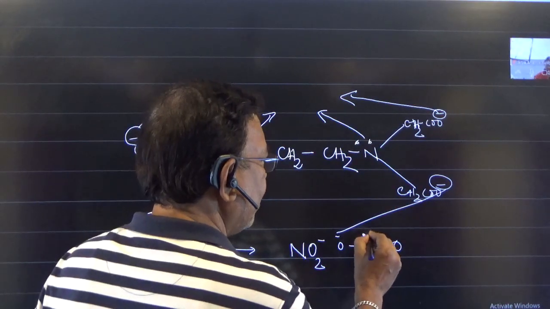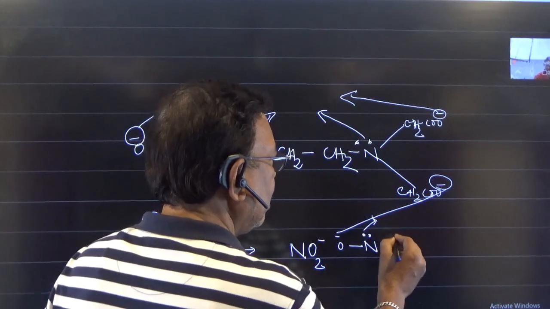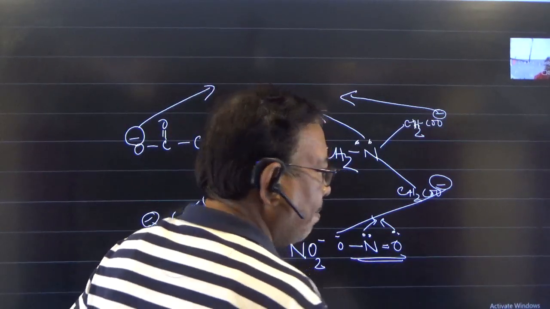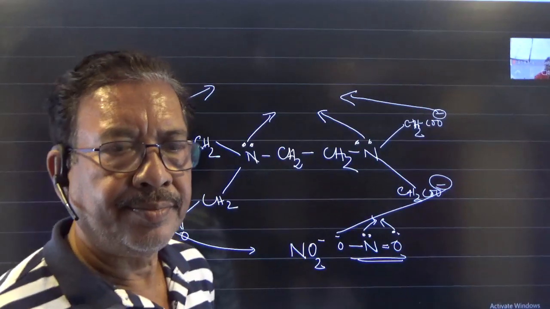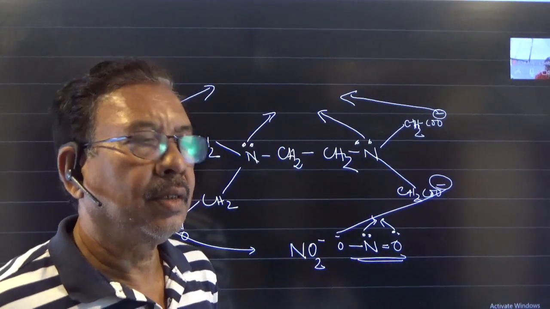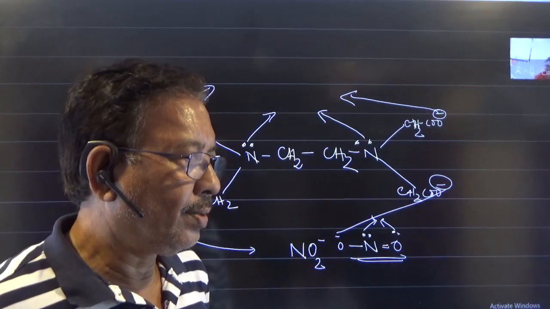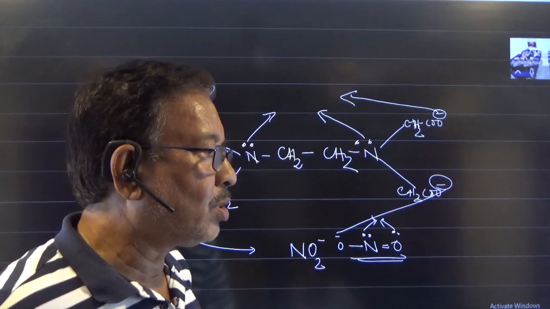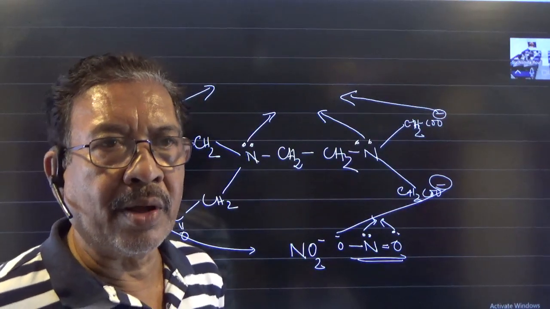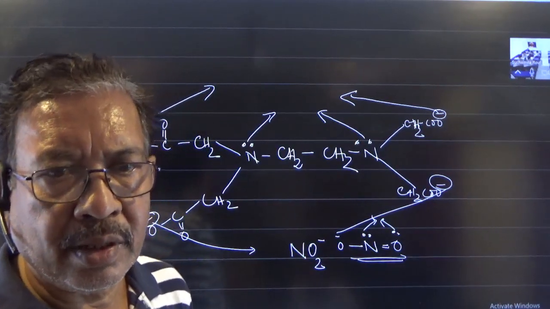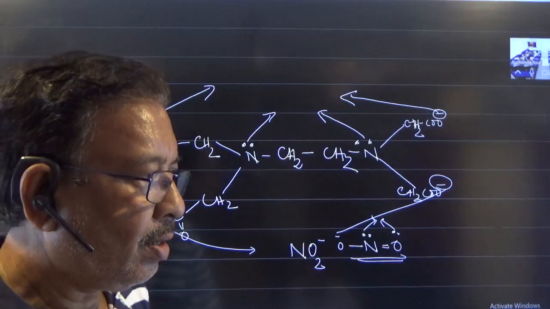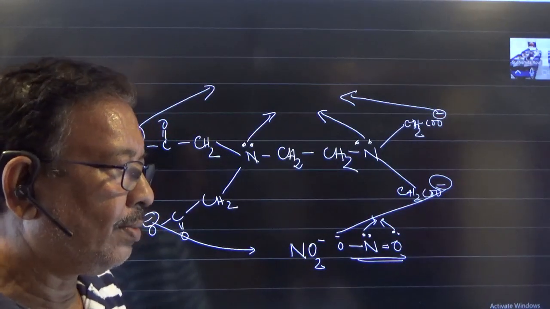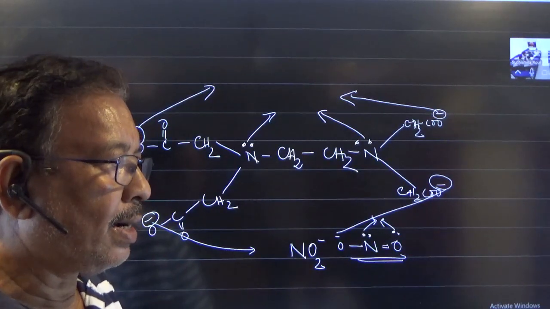The donation can be done either by nitrogen or by oxygen. So this is called ambidentate ligand. Could you follow or not? Yes, sir. Whenever people come to your house for a donation, either your mother can give or your father can give the donation. So here nitrogen can donate or oxygen can donate. That is called ambidentate ligand.